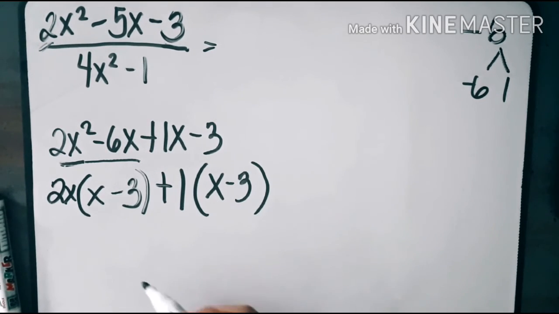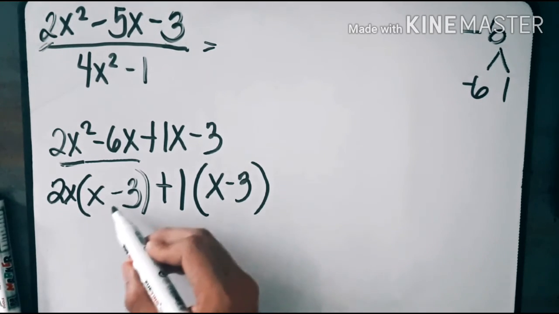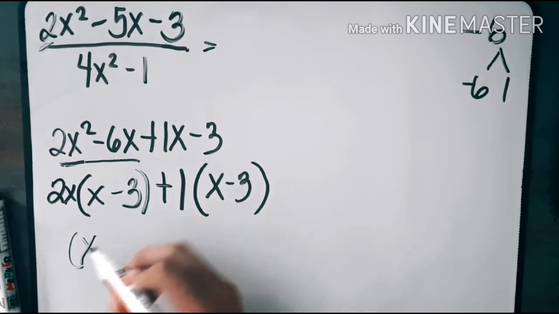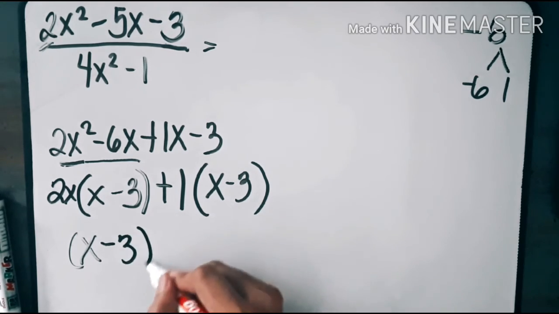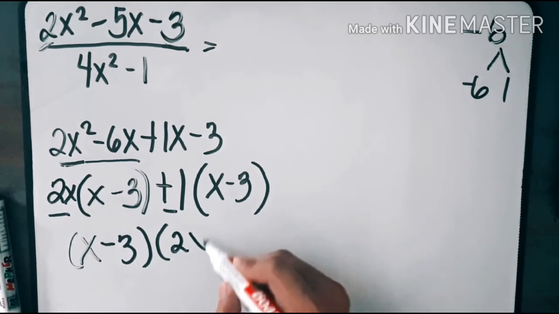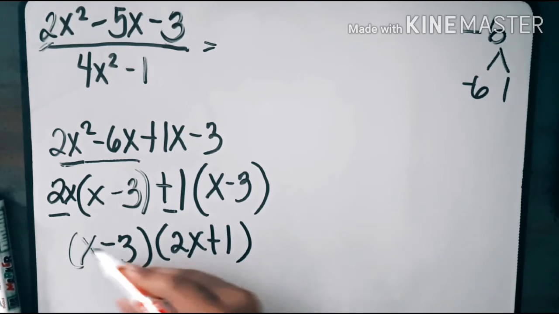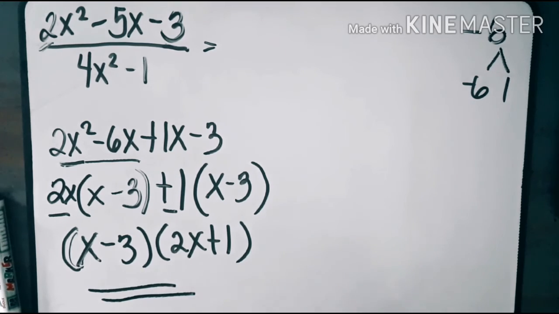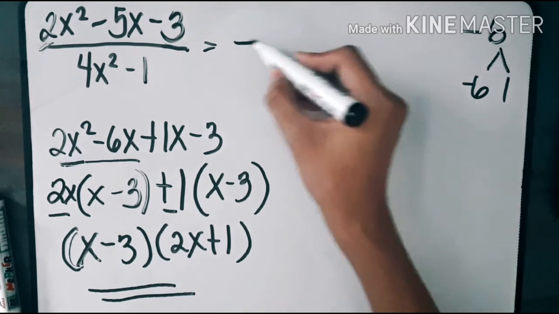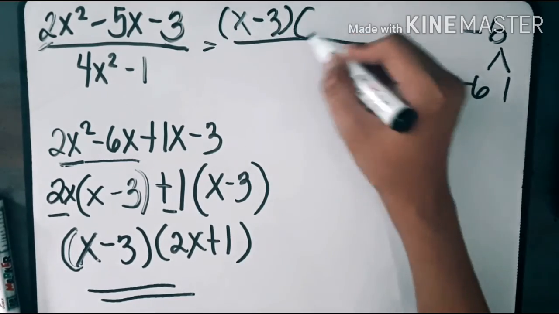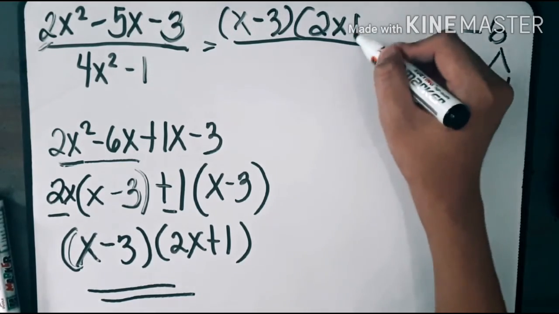Okay? So, we have to combine the two. So, x minus 3 and 2x plus 1. Okay? So, ito na yung factor ng numerator natin. x minus 3 multiplied by 2x plus 1.